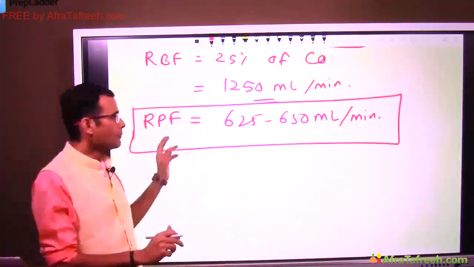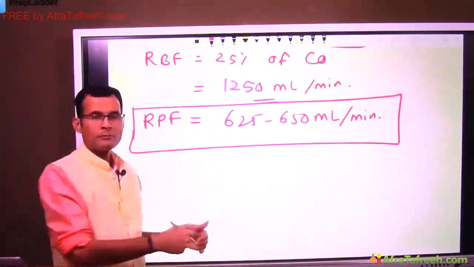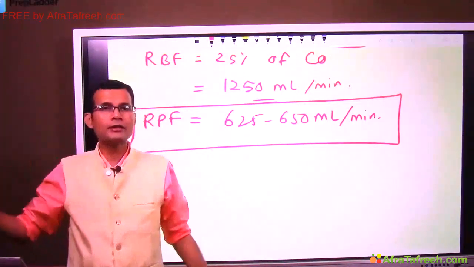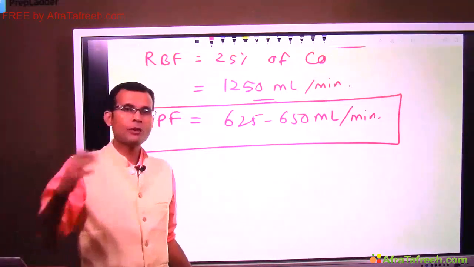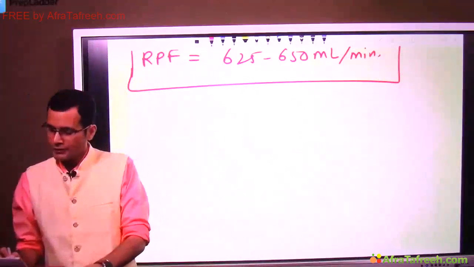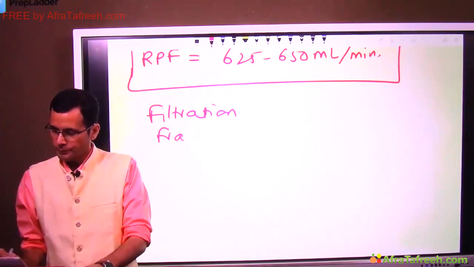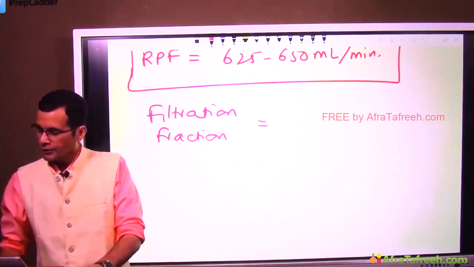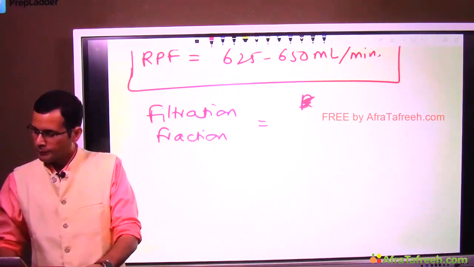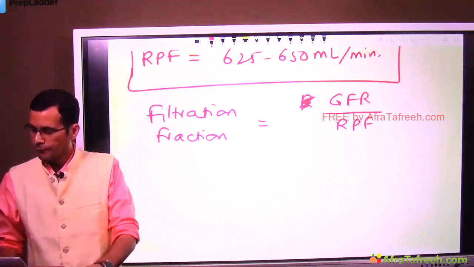So this much is plasma flowing through the kidneys every minute, and from this much plasma the glomerular filtrate is forming every minute. That's 125 ml per minute. And therefore, how much is the filtration fraction? Filtration fraction is GFR upon RPF.